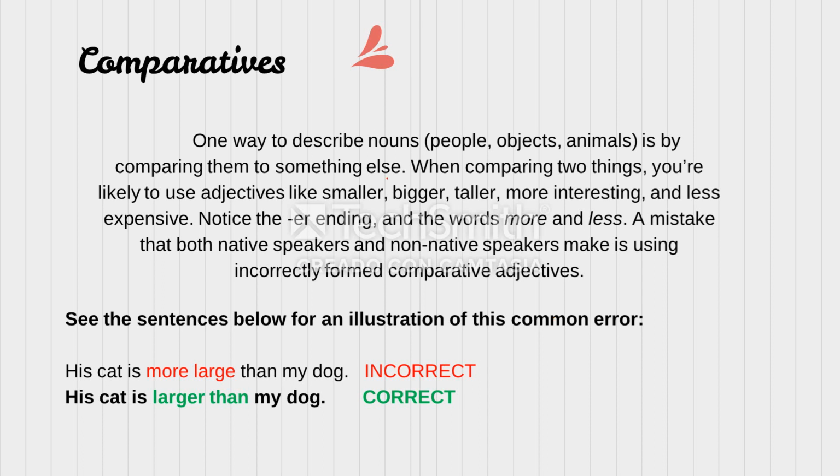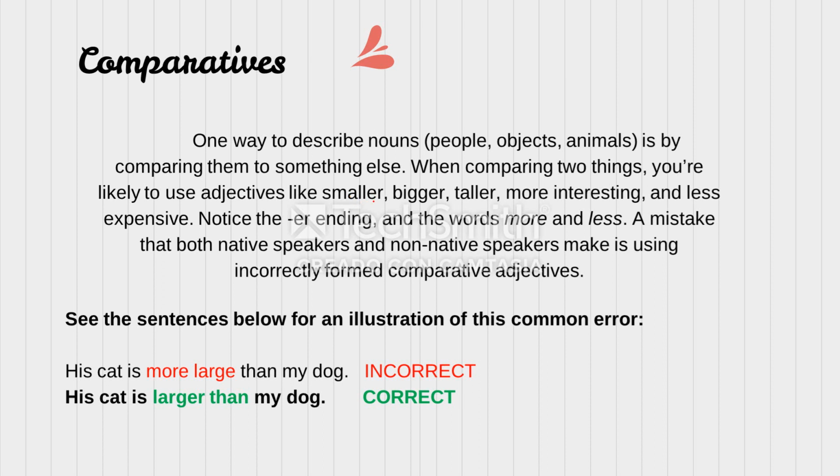Notice the er ending and the words more and less. A mistake that both native speakers and non-native speakers make is using incorrectly formed comparative adjectives. It is going to depend on if the adjective is short or long, depending on the number of syllables that it has.